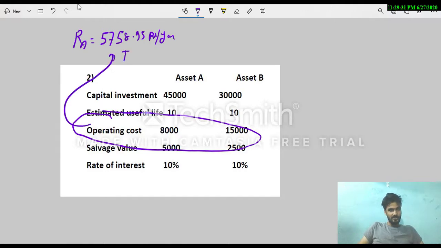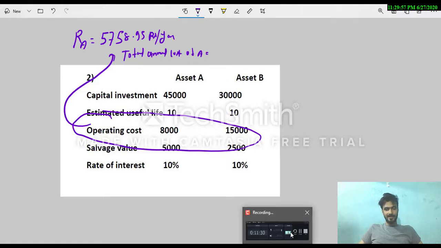So the total annual cost of asset A, you can write it as 5758.95.